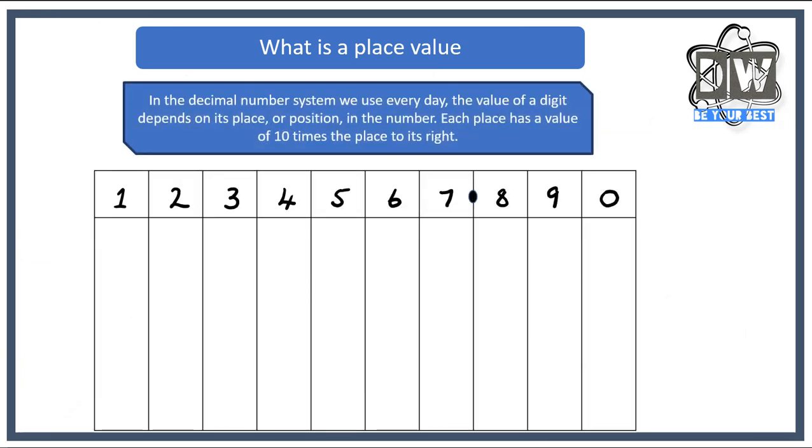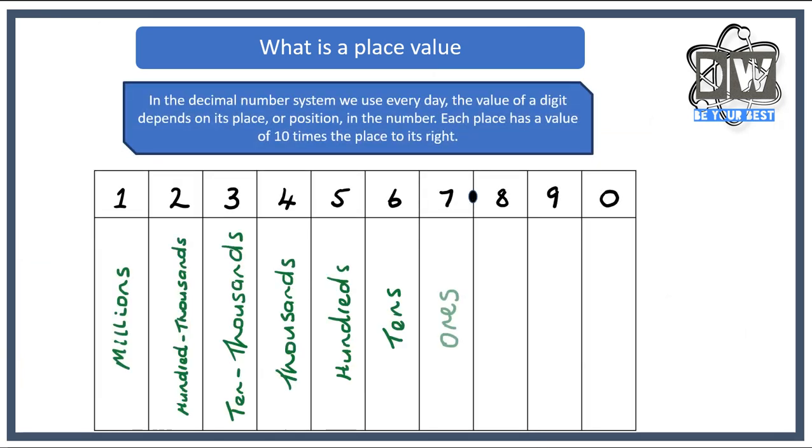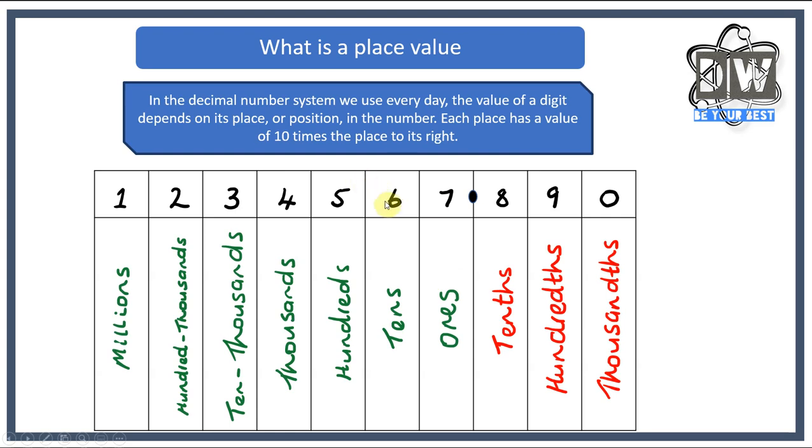So let's bring it up in its full context, and all this is saying is that the numbers to the right are 10 times bigger than the numbers to the left, okay? But if we think about it the other way, the numbers to the right are 10 times smaller than the number on their left, okay?